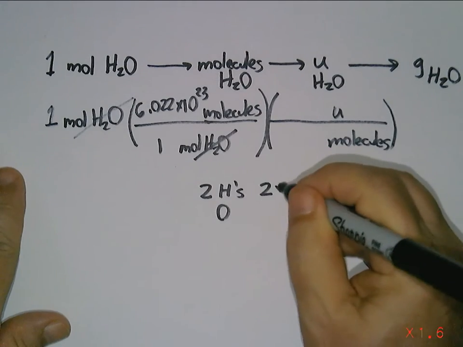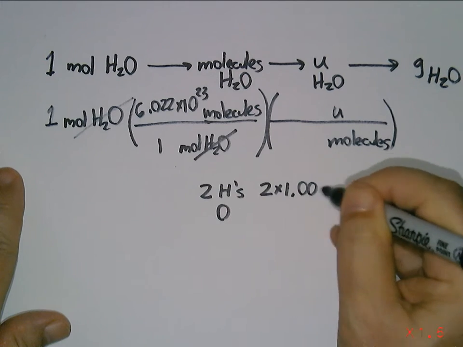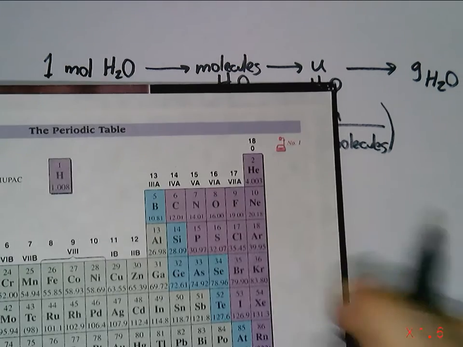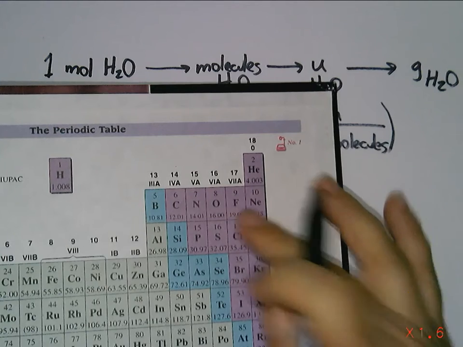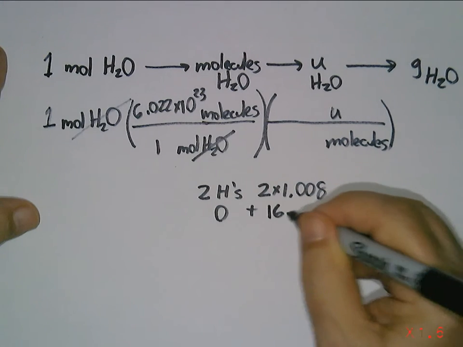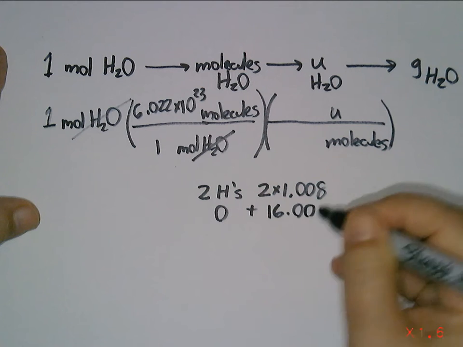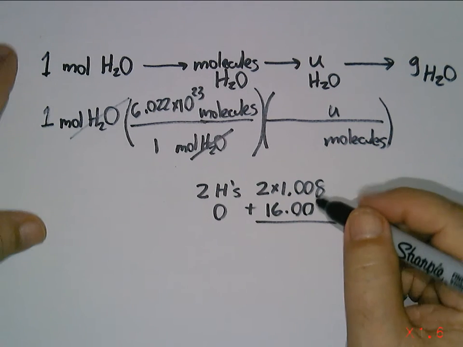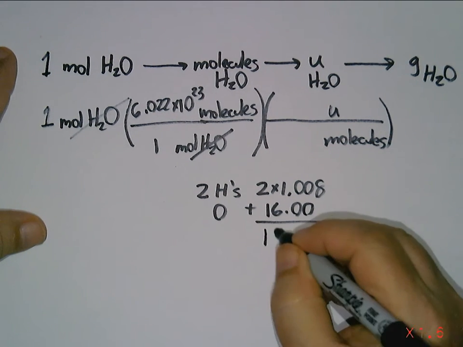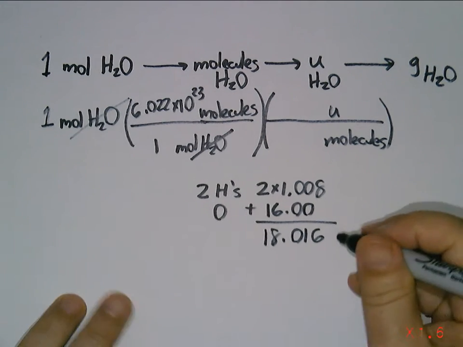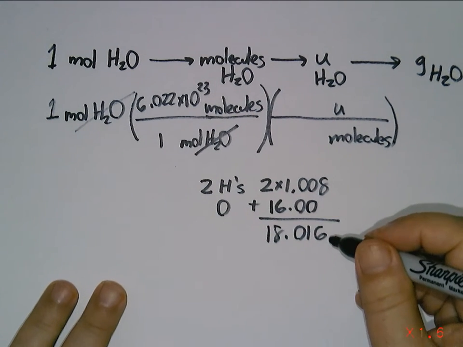So 2 times 1.008 plus, on this table, oxygen is 16.00. And if we add those up, we're going to get 18.016, right?